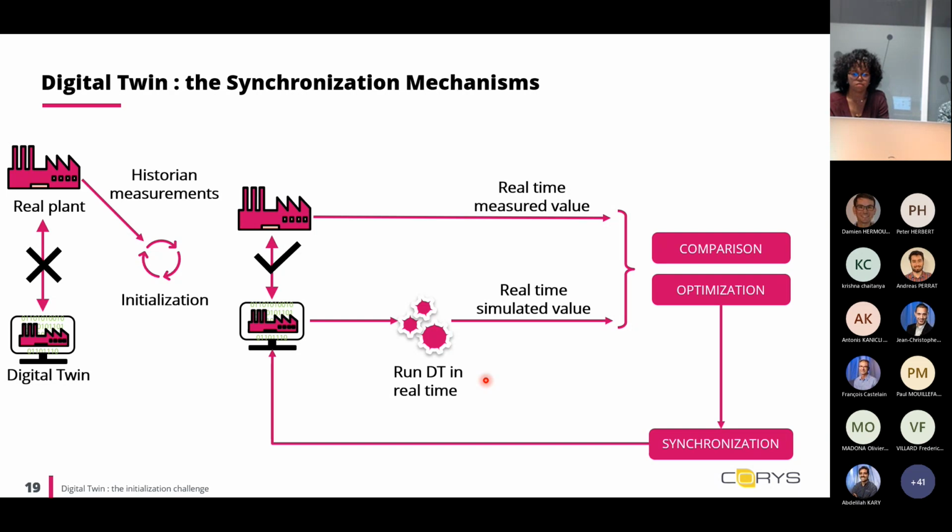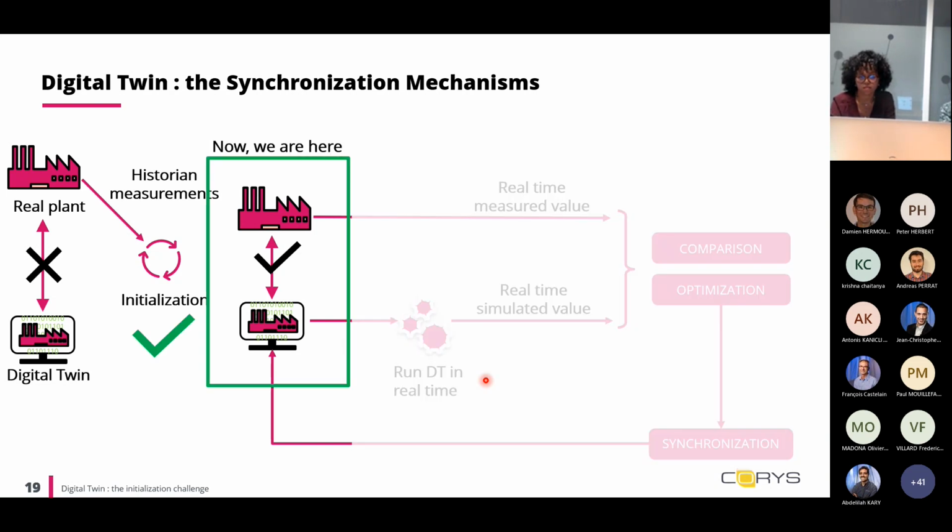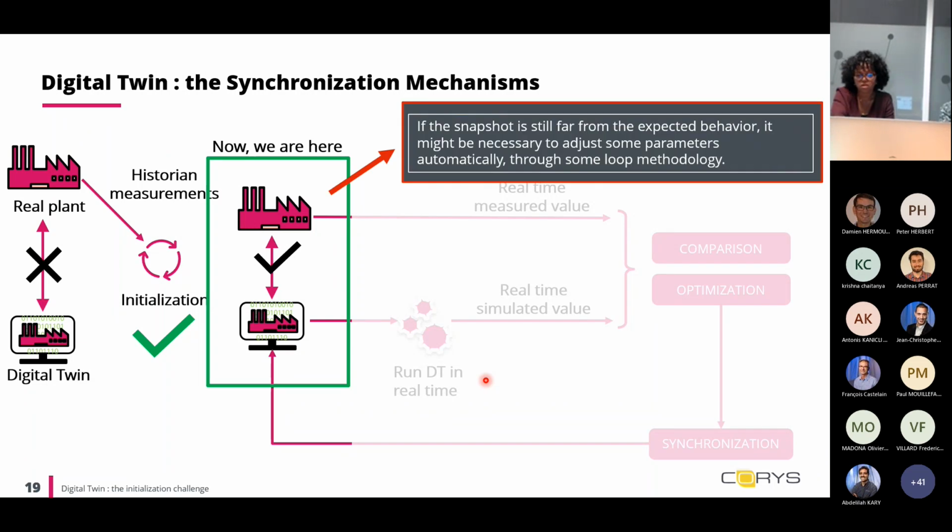Now, for an overview, we have tackled the problem of initializing the digital twin with the methodology we propose. But the snapshot that our methodology finds will not always be close enough to the behavior of the plant. It actually depends on the snapshots that are in the database of snapshots.